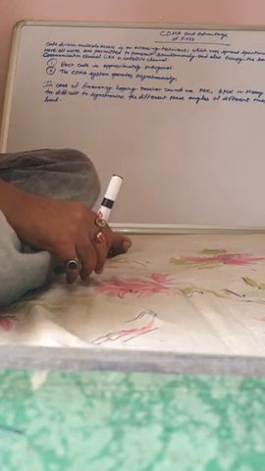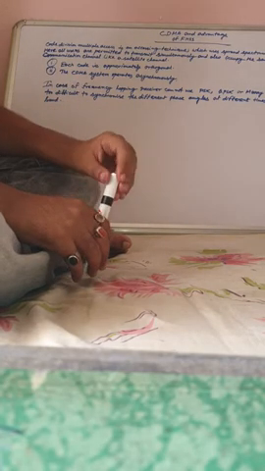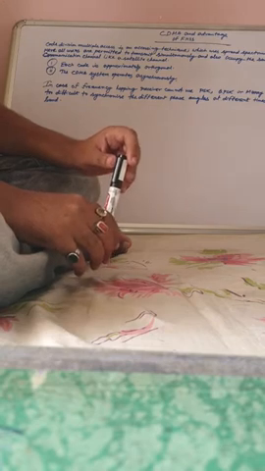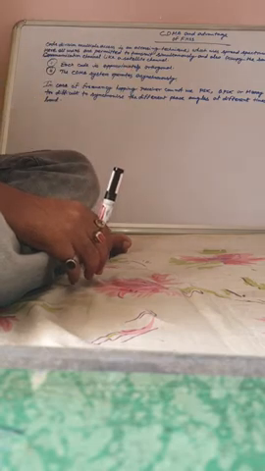Orthogonal means mutually perpendicular to each other, and the CDMA system operates asynchronously. There will be no synchronous operation. Synchronous means simultaneously.